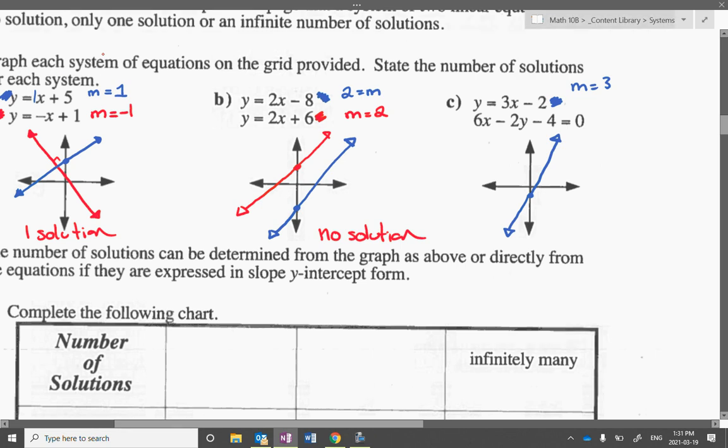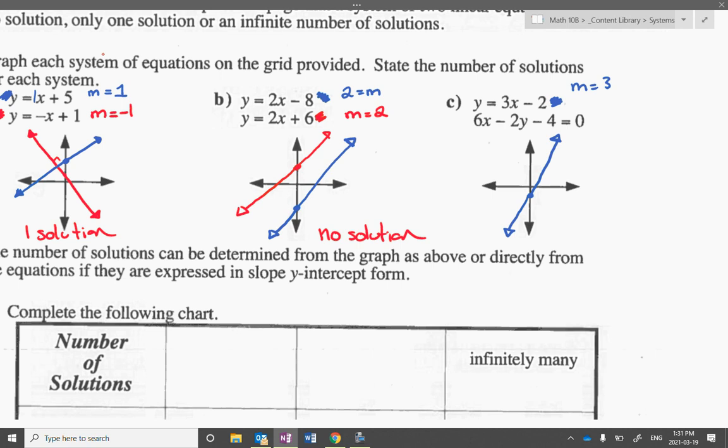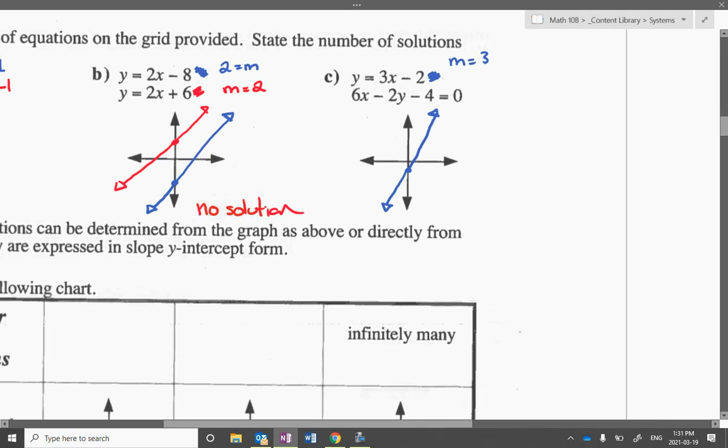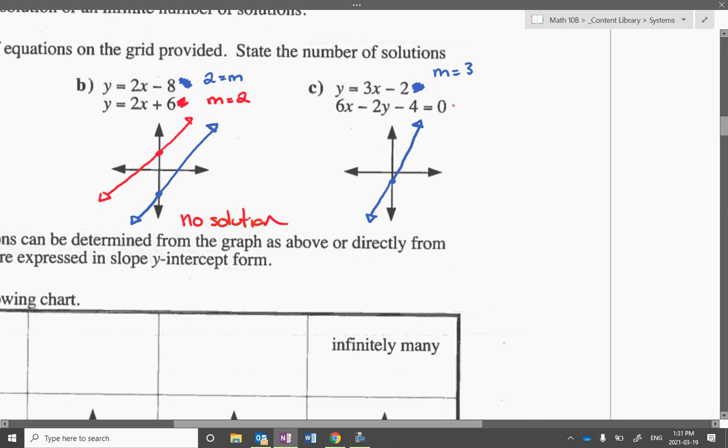No. How do I graph that second equation? Slope intercept. Good. So to do that, I'm going to solve for y. So I'm going to add 2y's to both sides. So then I'm going to have 2y is equal to 6x minus 4. Then I have to divide absolutely everything by 2.